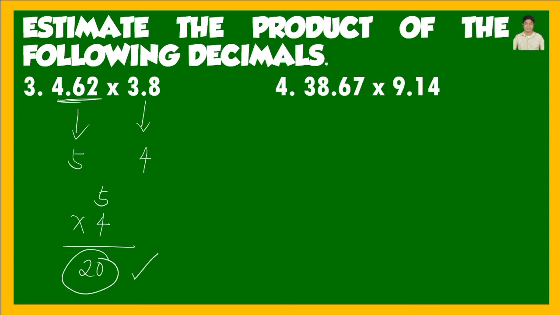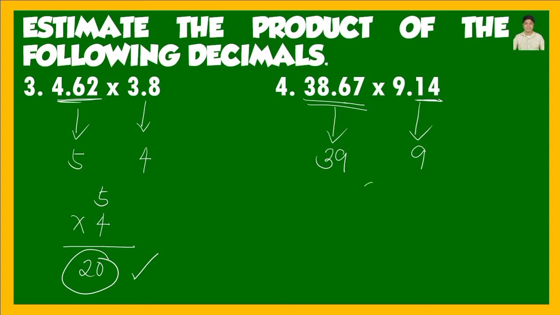Next, 38 and 67/100 times 9 and 14/100. So 38 and 67 hundredths, this will become 39. And then 9 and 14 hundredths, since yung 9 katabi niya, 1, which is less than 5, magiging 9 lang po.